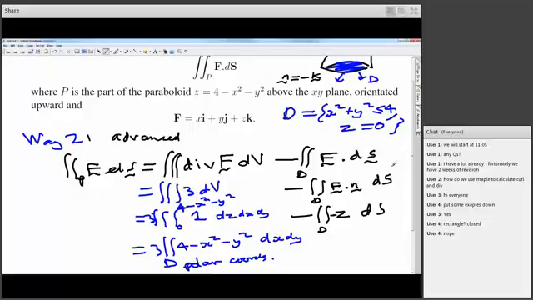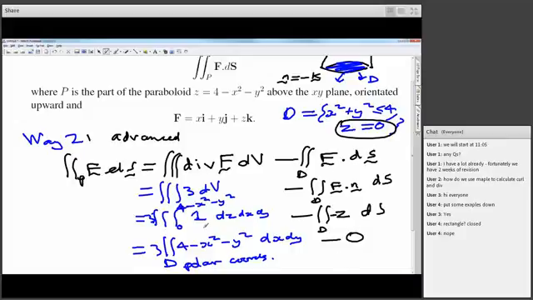Now, for this whole disk here, z is 0. So that's just going to be 0. So again, just like I did before, I had to sub in z equal to whatever it was for that surface. I'll do the same thing here, z equals 0, and it comes out really nicely. So at least the second flux integral is very straightforward to do.